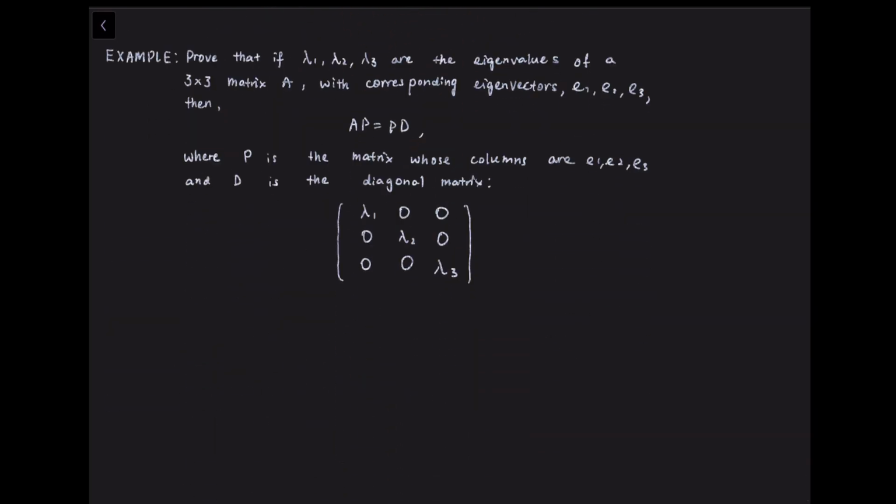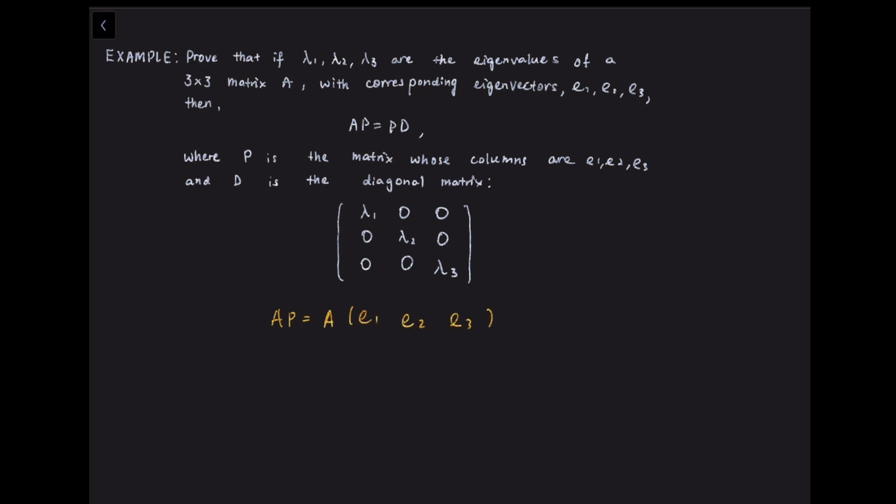Finally, we want to prove that if lambda 1, lambda 2, lambda 3 are the eigenvalues of a 3 by 3 matrix A with corresponding eigenvectors e1, e2, e3, then AP equals PD, where P is the matrix whose columns are e1, e2, e3, and D is the diagonal matrix shown below. So we start with AP equals A times e1, e2, and e3, which simplifies to Ae1, Ae2, and Ae3.